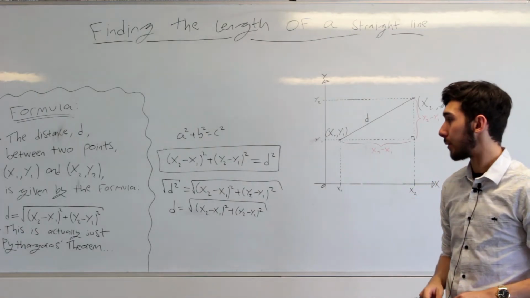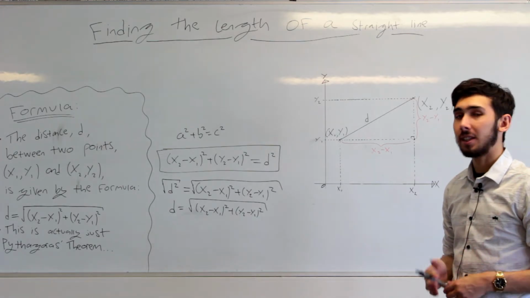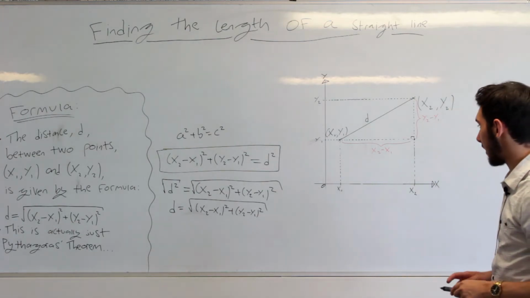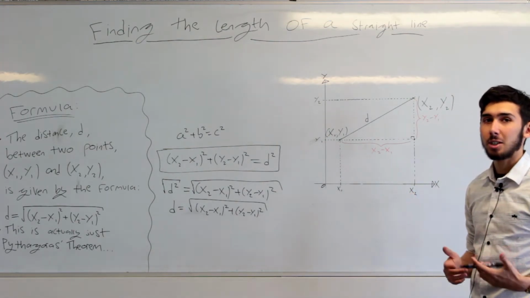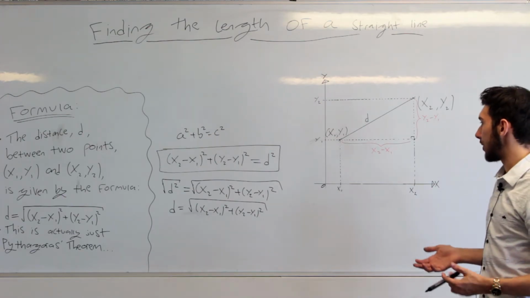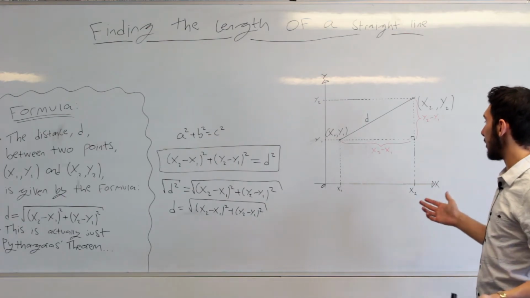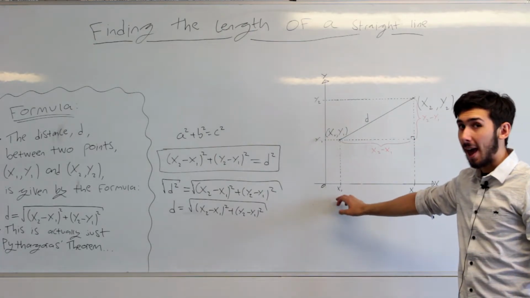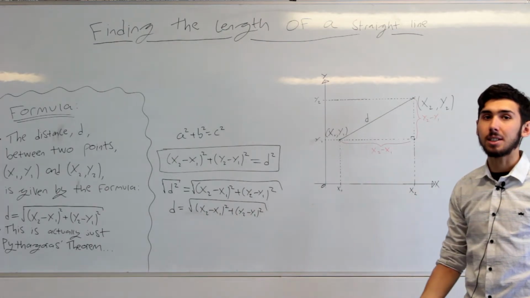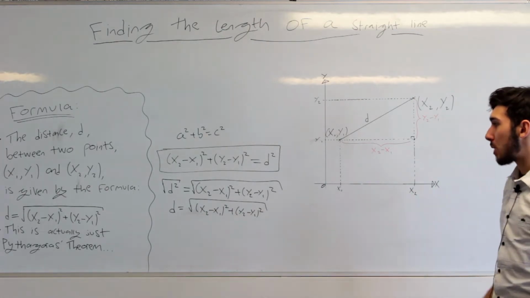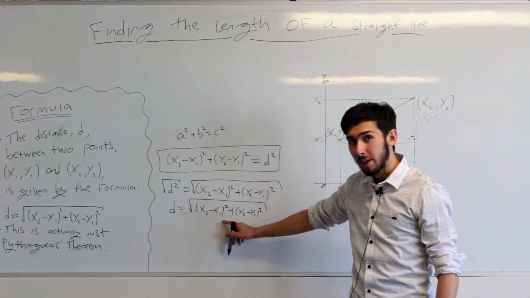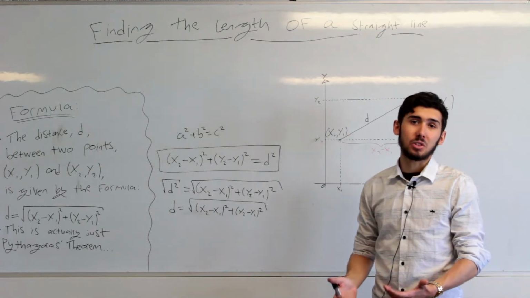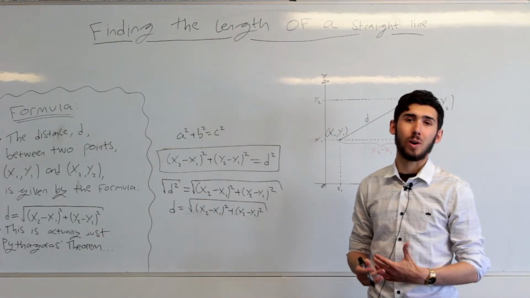Another thing to notice about this formula is that it doesn't matter which way round the x2 and the x1 are. Looking at it geometrically, the difference between x2 and x1 is x2 minus x1, not x1 minus x2. That will give you the negative version of the difference. But if we end up squaring it, it doesn't matter if it's positive or negative. Any negative number squared is equal to the square of its positive number.